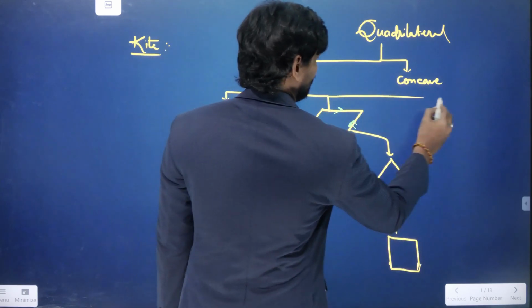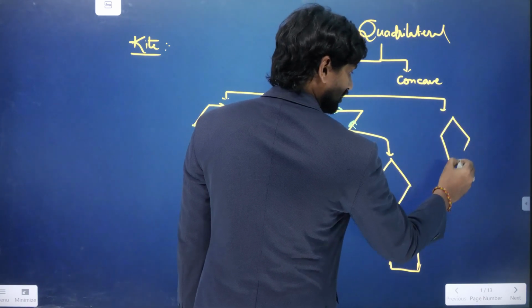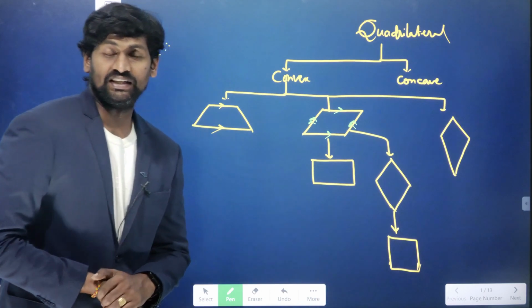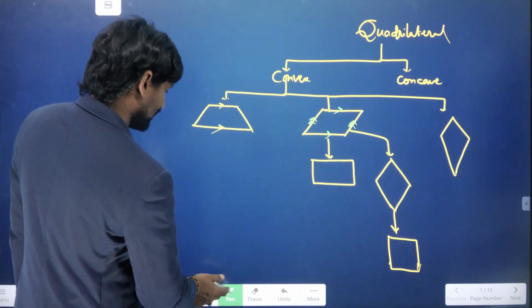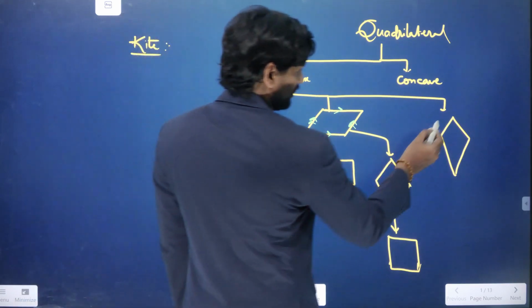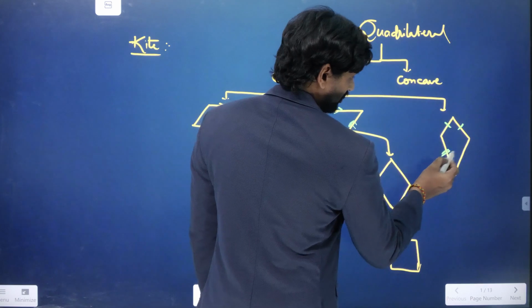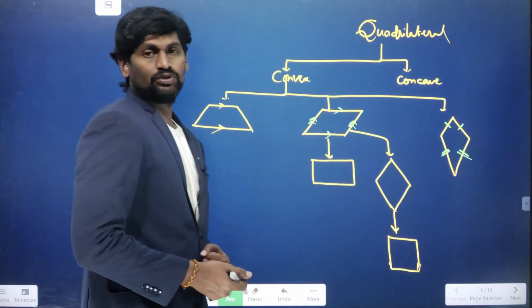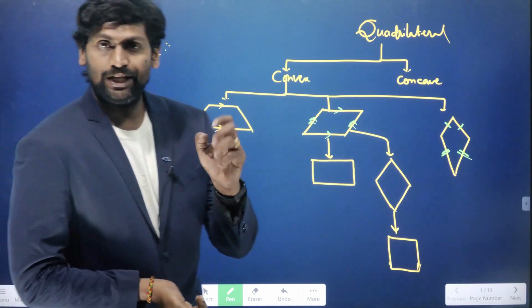And last, kite. Kite is nothing but a quadrilateral with two pairs of adjacent sides equal. That means these two sides have equal length and these two sides have equal length.